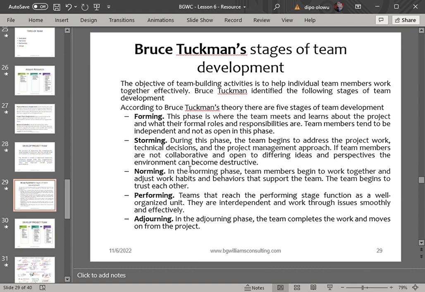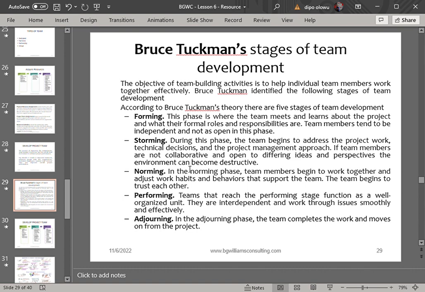Wale is used to a particular way of doing things and Kunle is used to a particular way of doing things, and they are part of the team. There becomes, at that storming stage, a little disagreement where things begin to get tougher.